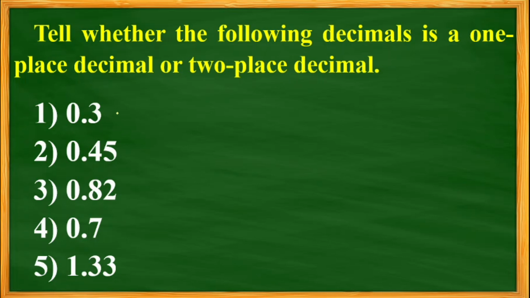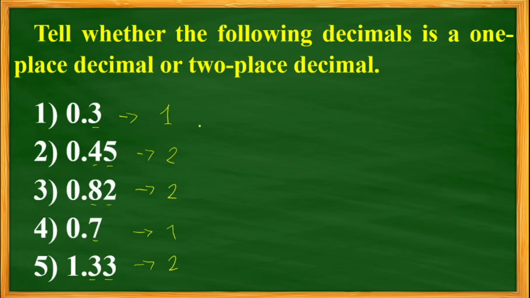So this would be one-place decimal. So this would be 1 and this would be 2, because we have one decimal digit, we have two decimal digits, then we have two decimal digits, okay, and then also we have one decimal digit, and this one is two decimal digits.